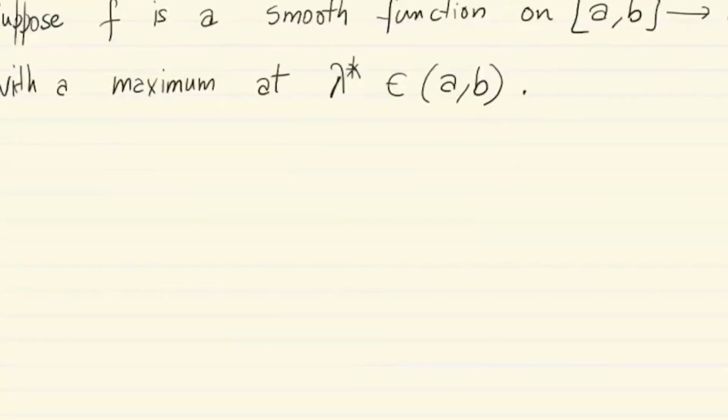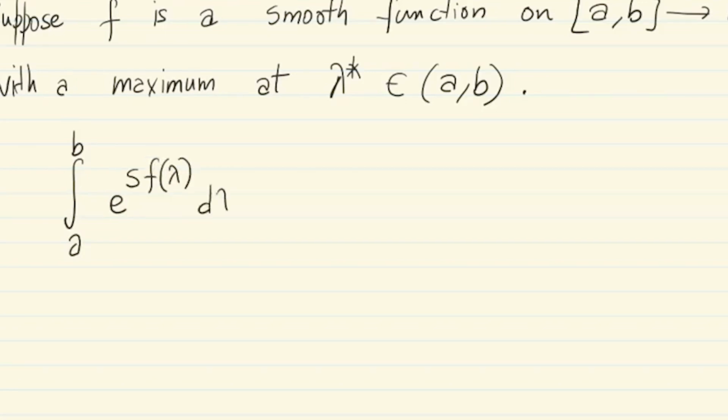So what one can show using basically Taylor approximations up to second order is the following. If you integrate the function e raised to s f of lambda, so fix s as some large real number, d lambda. Okay, so consider integrating e raised to s f of lambda over the range a to b.